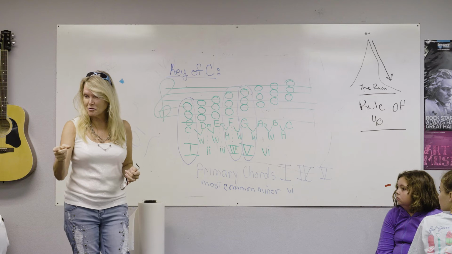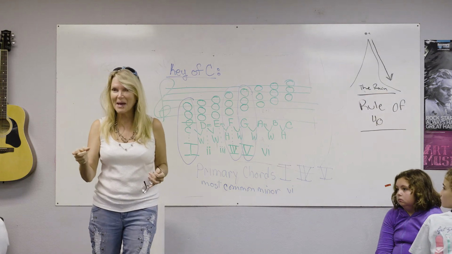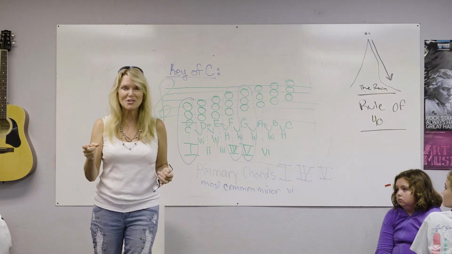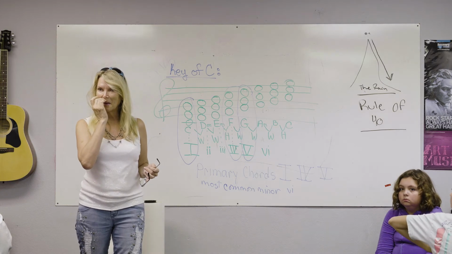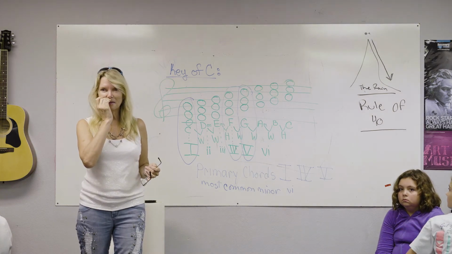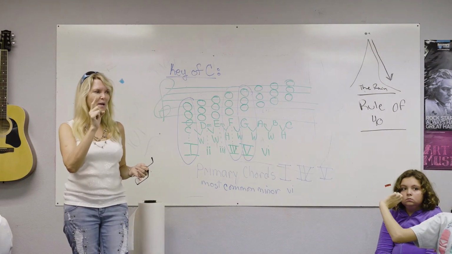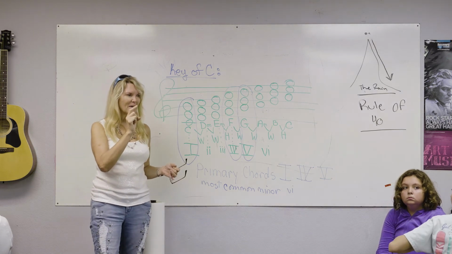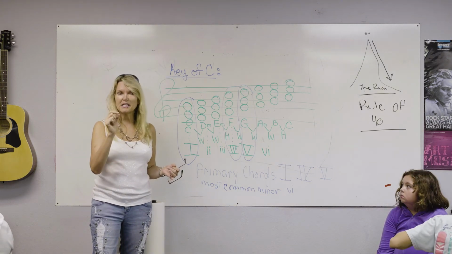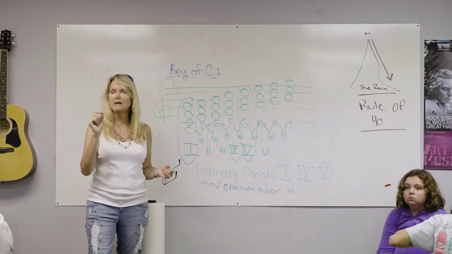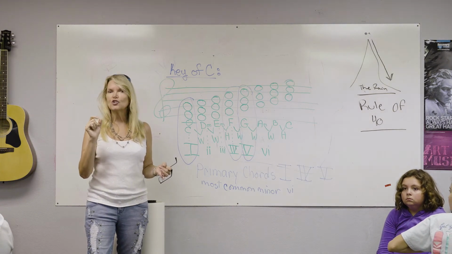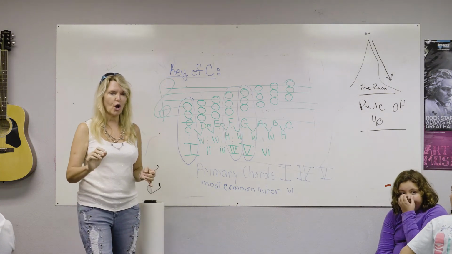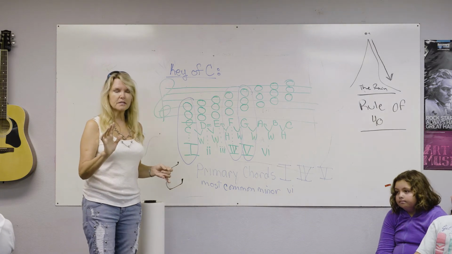Well, on the trumpet, you know what to do, but on the piano, what do you do to make it a sharp? Well, it's going to be an F sharp. How do you make an F sharp? You go to the black key F, and that puts you in the key of G.